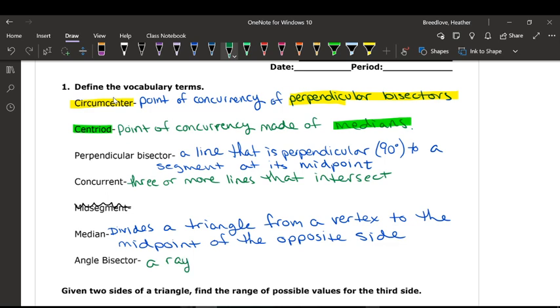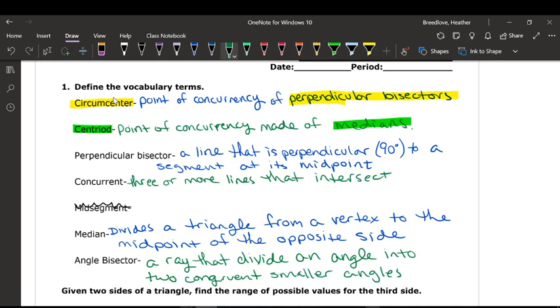A ray that divides an angle into 2 congruent smaller angles. So an angle bisector is a ray that divides an angle into 2 congruent smaller angles. So it splits an angle exactly in half.